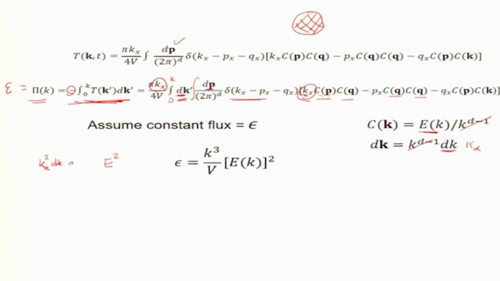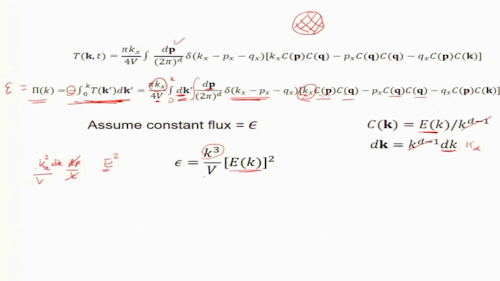So I will get dk and dp, but there is a delta function here, and what is the dimension of delta function? 1 by k. So 1 by k will come and this will cancel with that, okay, and this 1 by v will come, right, this 1 by v is sitting there, pi has no dimension, so you can ignore pi. So this one kx squared and this one k, so this k cube, e squared, which is e squared, 1 by v is epsilon.